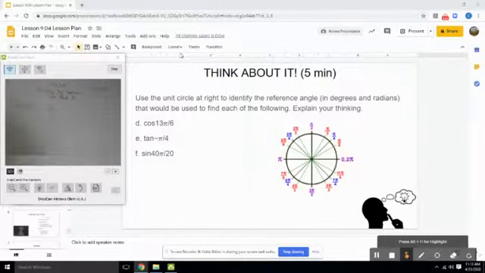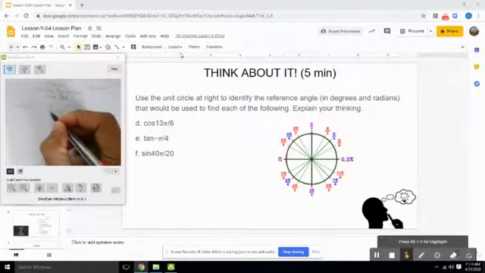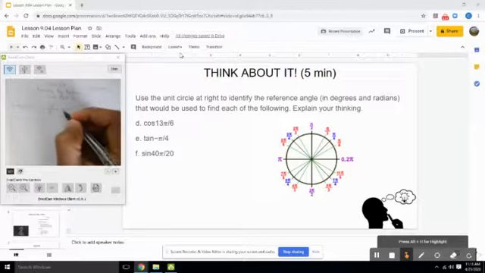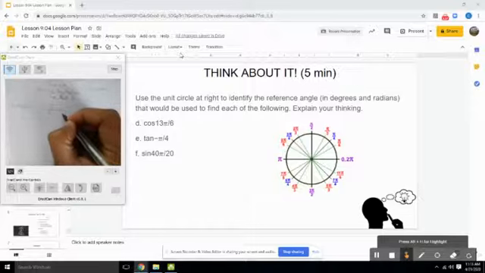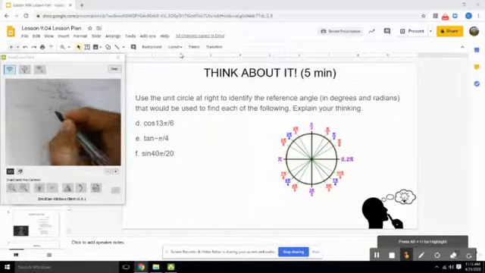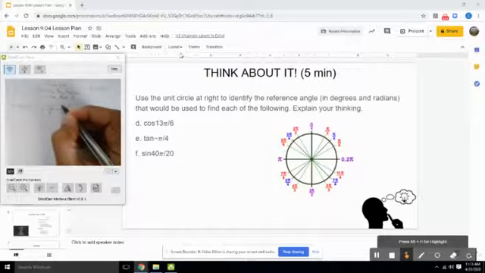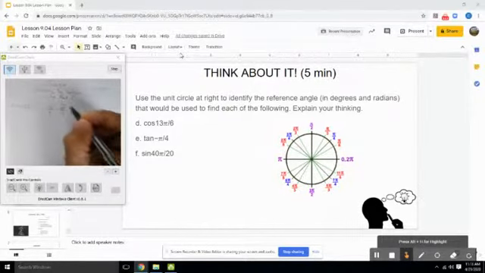You can go write. Okay, so 13 pi over 6 times pi over 180. Since we're looking for degrees, we want degrees at the top, and we want the pi at the bottom. So this must be 180 over pi in this situation. Pi and pi will cancel. Now 6 into itself is 1, 6 into 180 is 30 times.